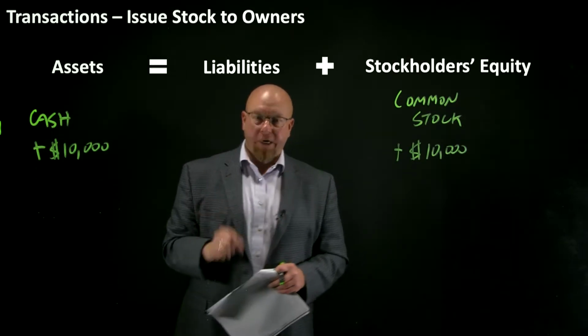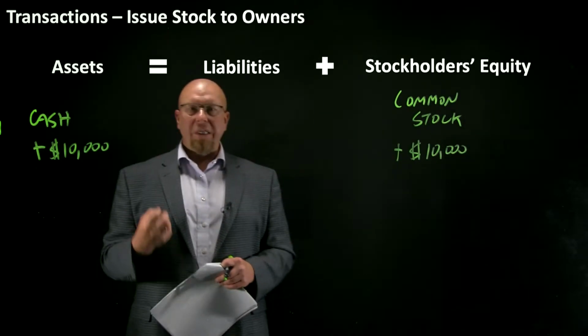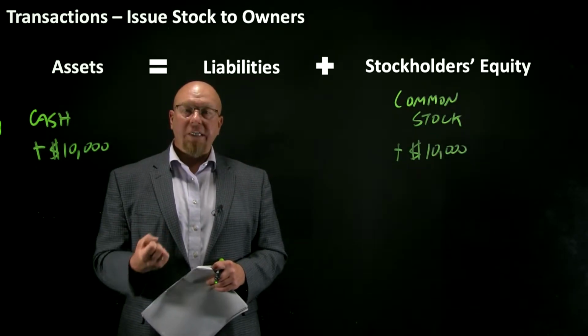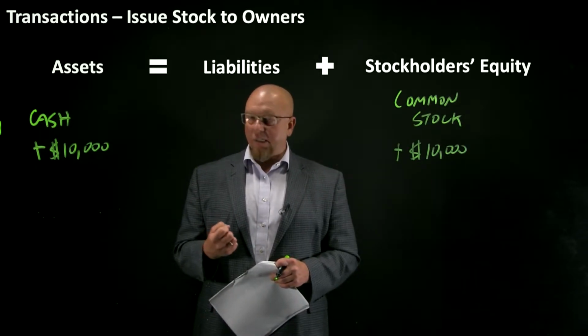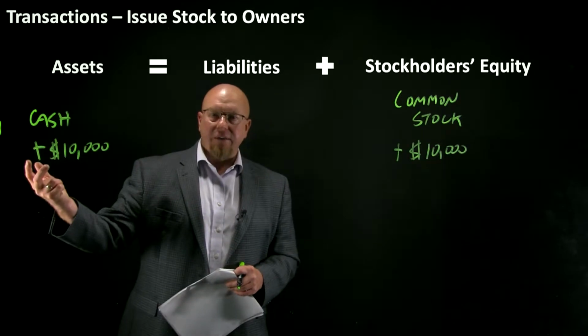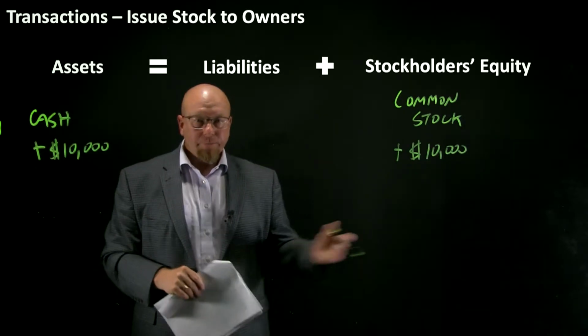From the company's perspective, and keep in mind, when we record these transactions, we're really recording them from the perspective of the business entity. From the business entity's perspective, the business now has $10,000 in the bank. So its cash account increases by $10,000.